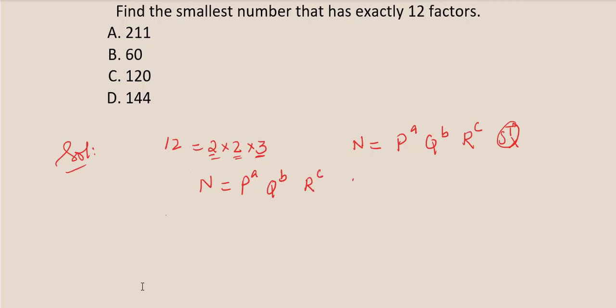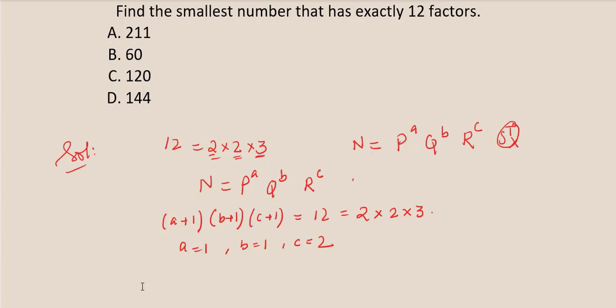From here we can write: a plus 1, then b plus 1, then c plus 1 is equal to 12, which in turn equals 2 multiplied by 2 multiplied by 3. So let's suppose that a is 1, b is 1, and c is 2 actually.